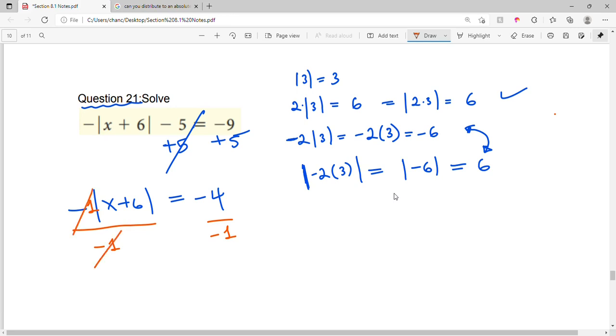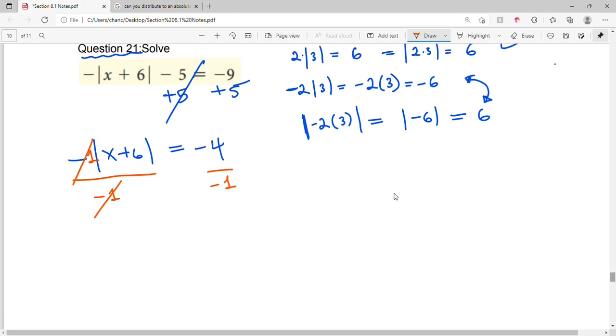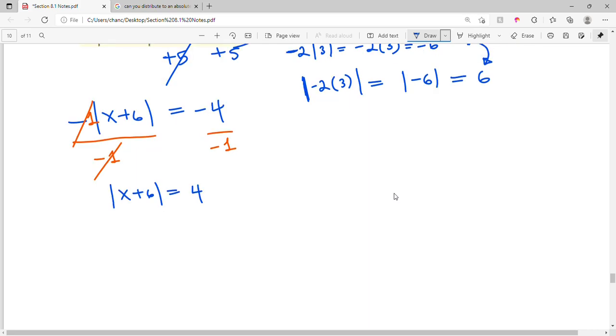The negative 1 and the negative 1 divide out. So I have the absolute value of x plus 6 is equal to a positive 4. Negative 4 divided by negative 1 is a positive 4. Now I can write two equations. Set the inside equal to 4, or the inside could be equal to negative 4.